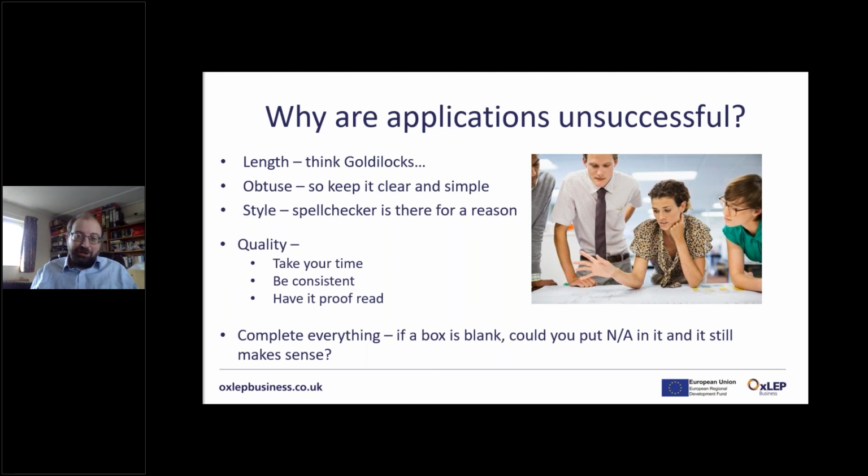Applications can be unsuccessful because they are inconsistent, so please be consistent. If you're applying for a grant of £15,000 on the first page, please make sure that the grant figure is also £15,000 on the second and third page, and in the various tables where the grant figure appears throughout the application.